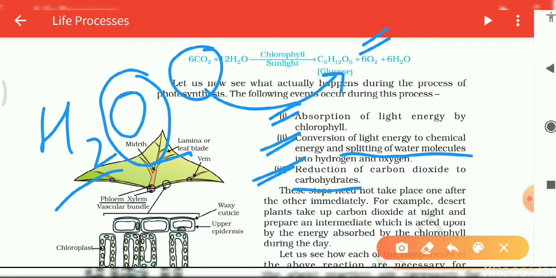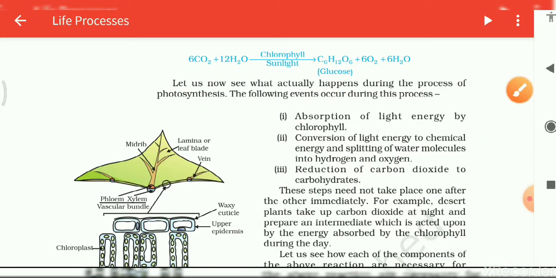This carbon dioxide is converted into what, students? Carbohydrates. Then these three events are very important which take place during the process of photosynthesis. Now you can memorize it because this point is very important and this reaction is also very important.